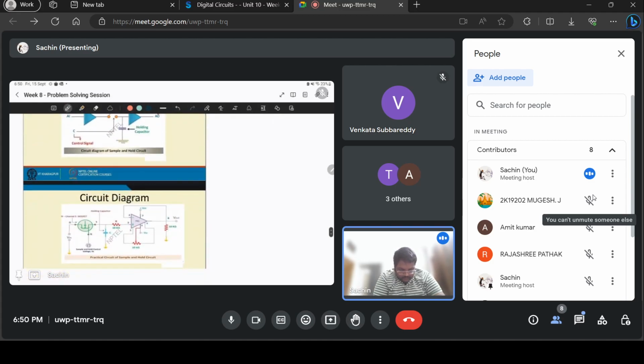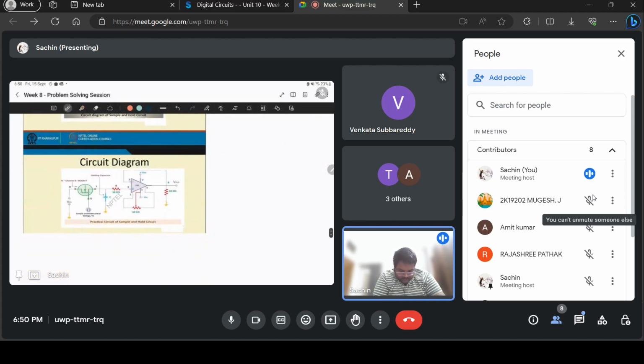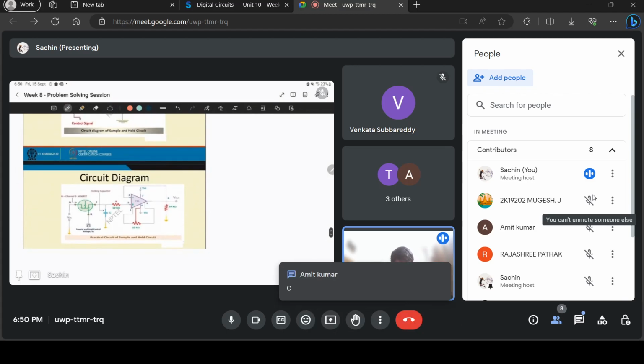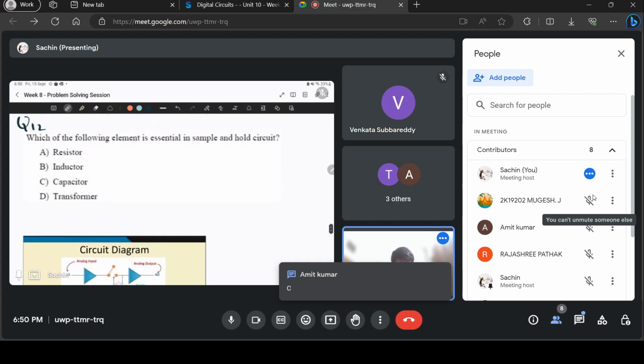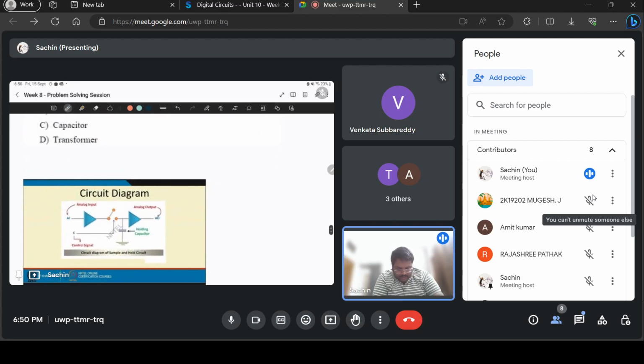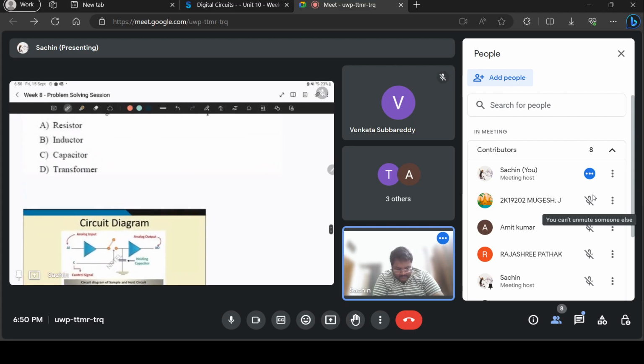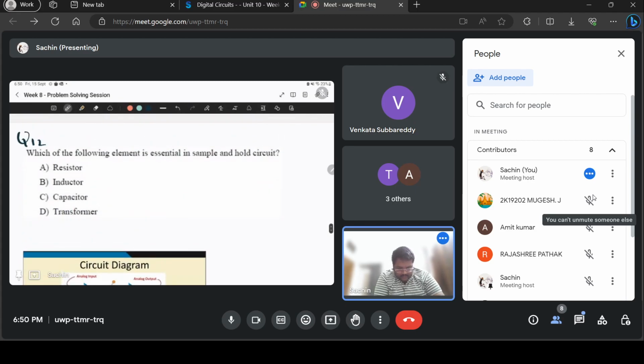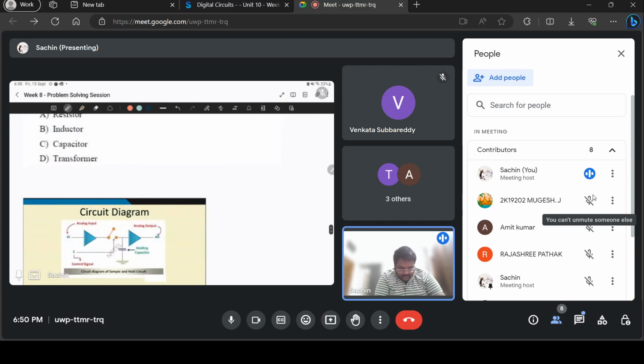You need those two. And practically when you implement it, you will need resistors and transistors also. But ideally you need only the capacitor. So from this circuit diagram you can see it should be capacitor.